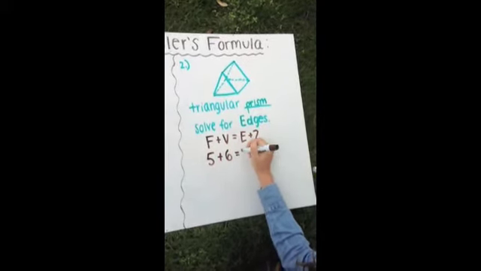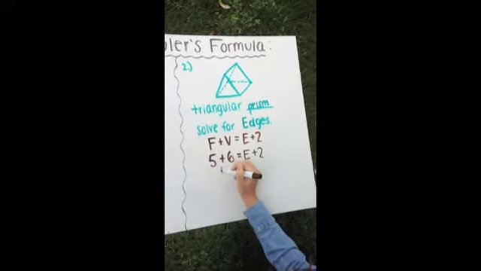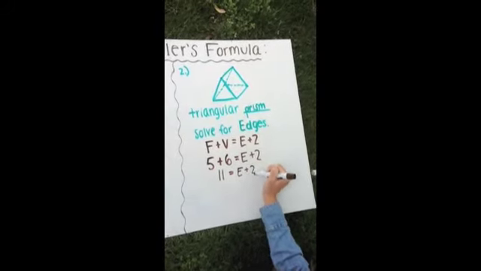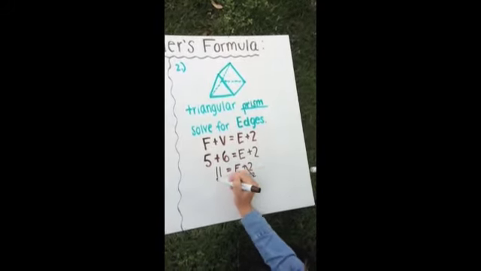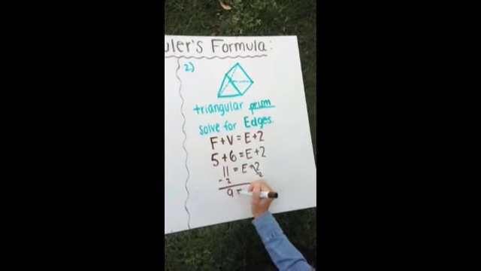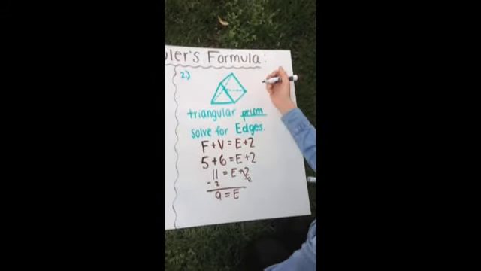We don't know what the edges are, and plus 2. Now 5 plus 6 is 11, E plus 2, minus 2, minus 2, 9 equals E. So there are 9 edges. We can be sure of this by counting.